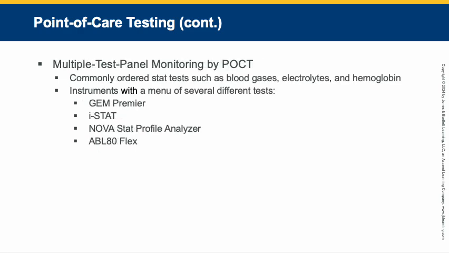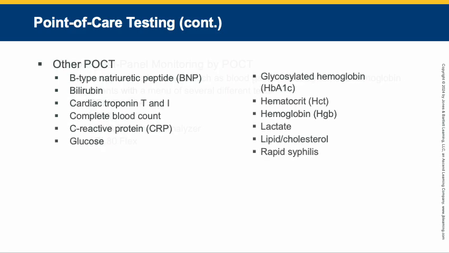Okay, we also have what we call a multiple test panel that you can monitor by point of care testing. This is going to give you some commonly ordered stat tests like blood gases, electrolytes, hemoglobin. This is just a little tiny point of care instrument that tests for several things. Okay, some other point of care testing instruments.